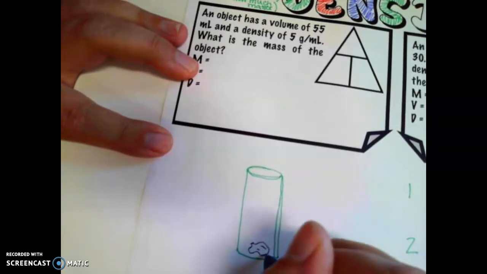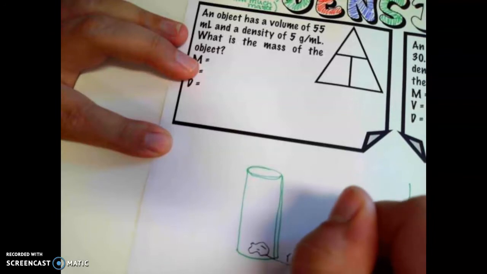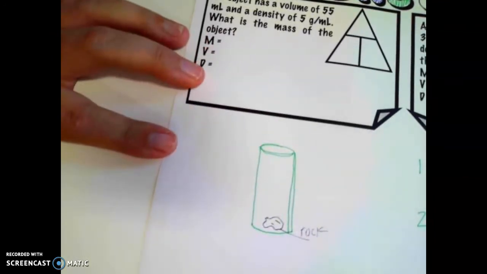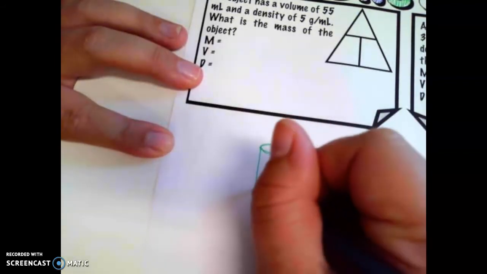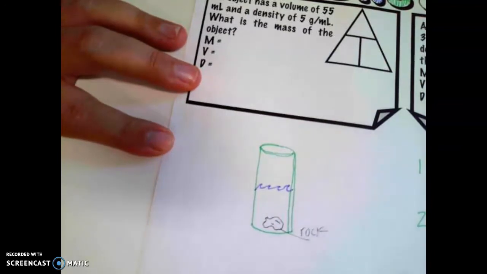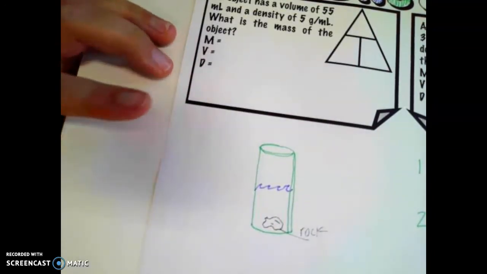Isn't that a beautiful rock? We're going to have to label it rock. And we're also going to have liquid water, and we're also going to have some ice.